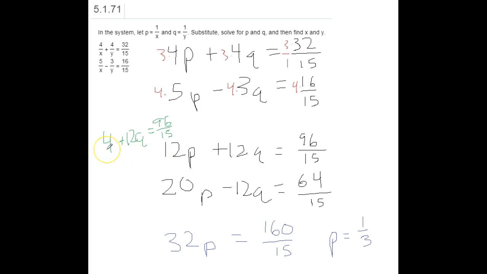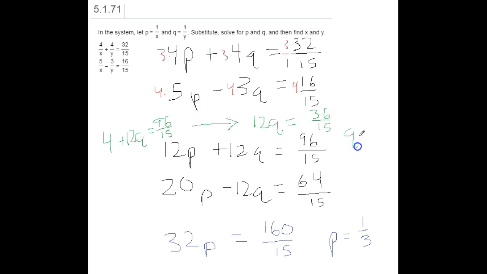So we need to subtract 4 from both sides, which in terms of fifteenths, that's 60 fifteenths. So coming right here, it's going to give us the 12q. We're subtracting 60 fifteenths, so it gives us 36 fifteenths. And now if we divide both sides by 12, we'll solve for q.